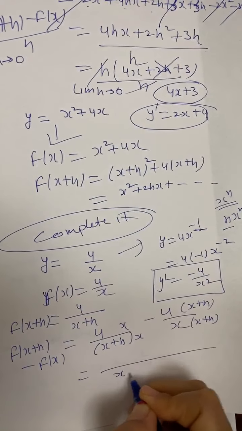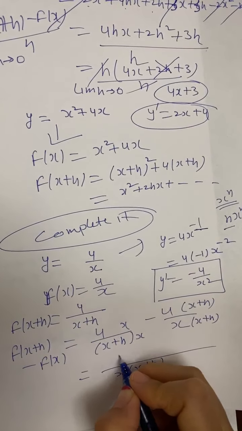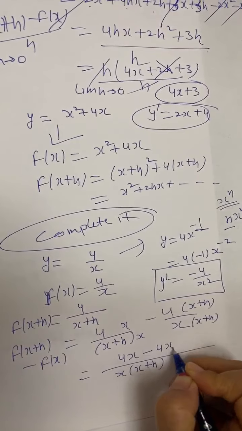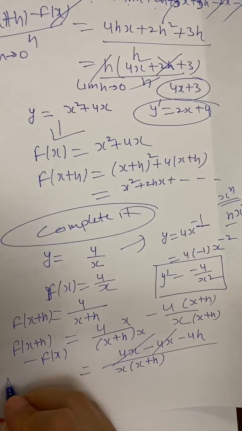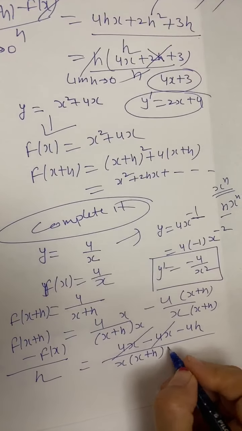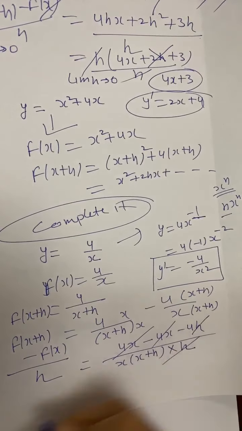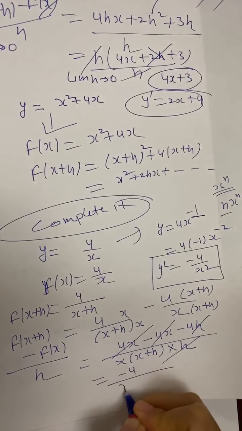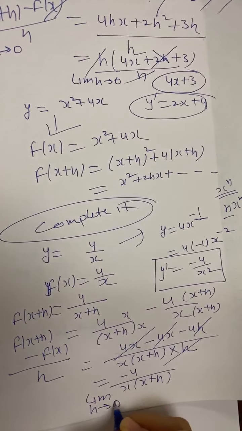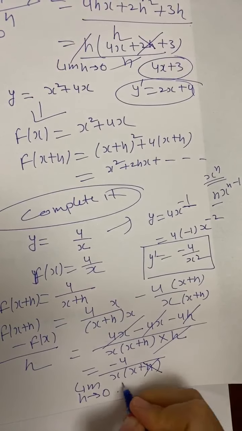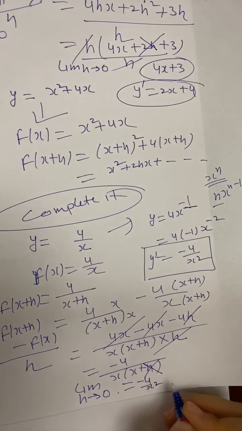So we got x into x plus h. And this is 4x minus 4x minus 4h. And notice, this gets cancelled here. And our next step is divide by h. So if I divide by h here, this will get cancelled. So you got minus 4 over x times x plus h. And now we have to do limit h approaches to 0, which means this is cancelled and you get minus 4 over x squared.